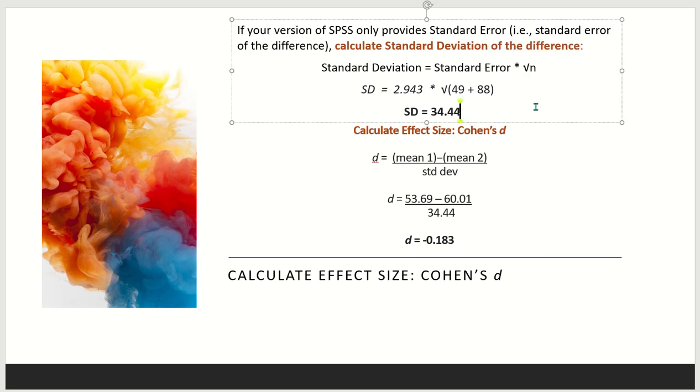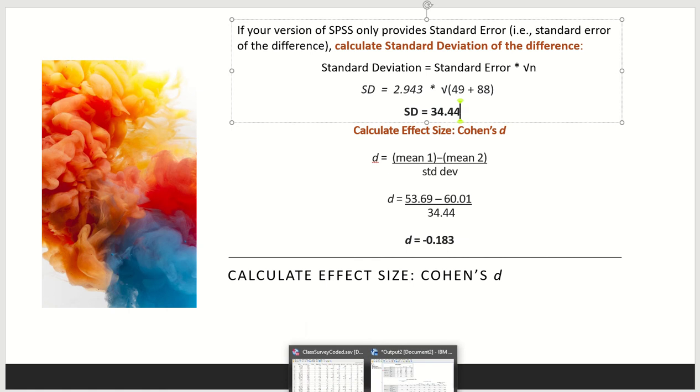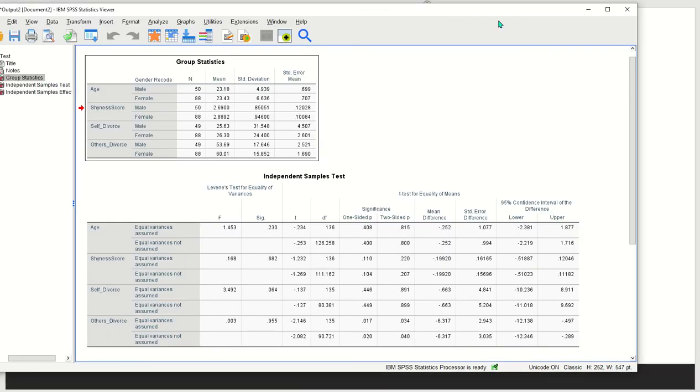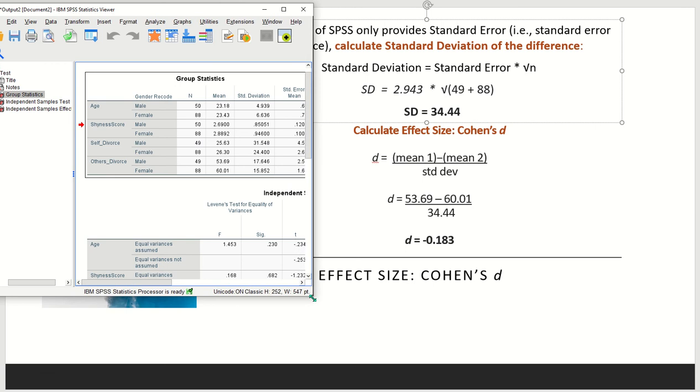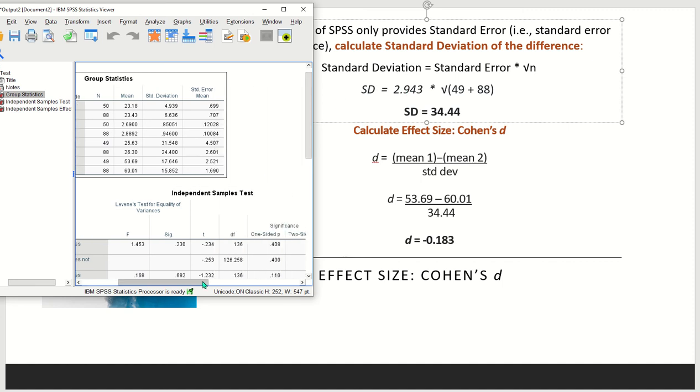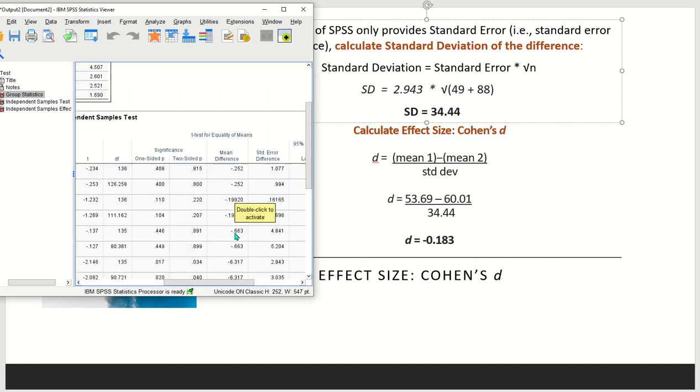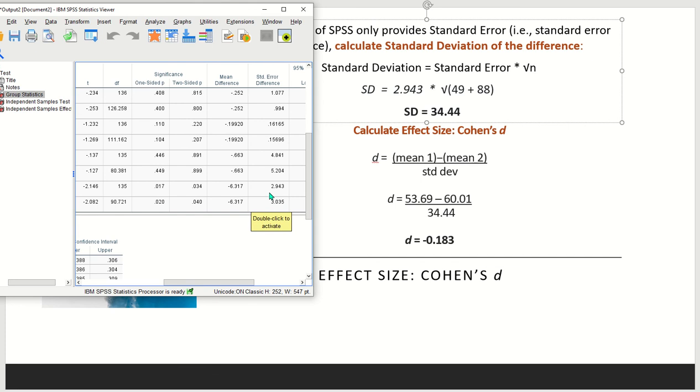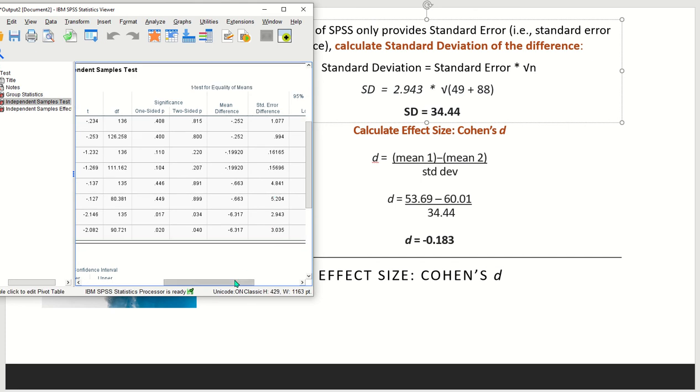So for our example, we put the standard error of the difference, right here, for that last one, 2.943.